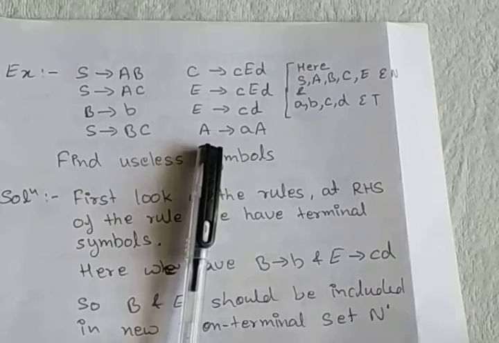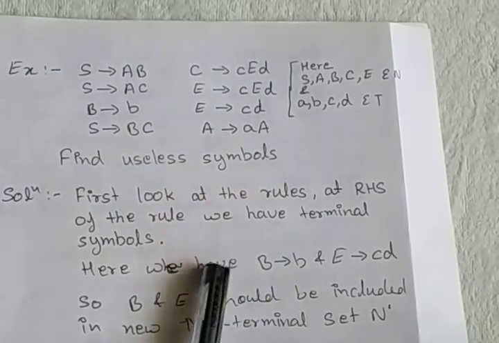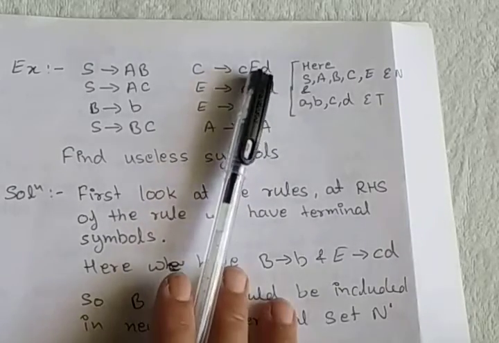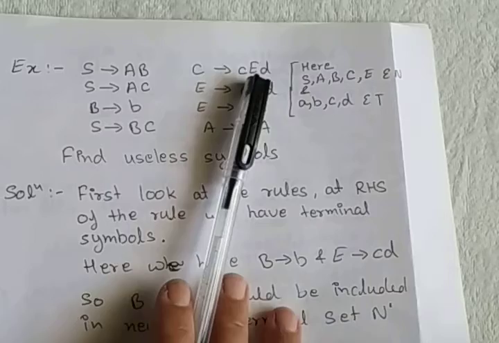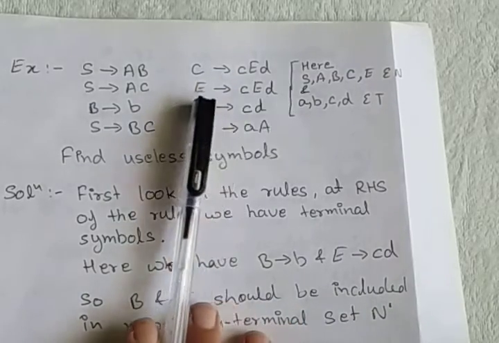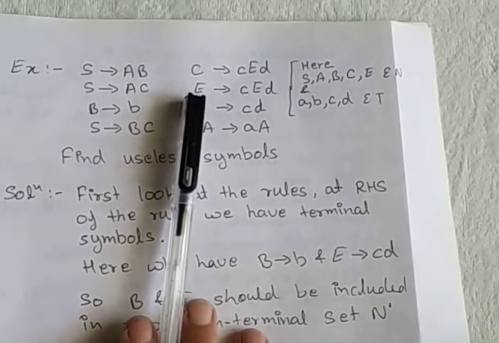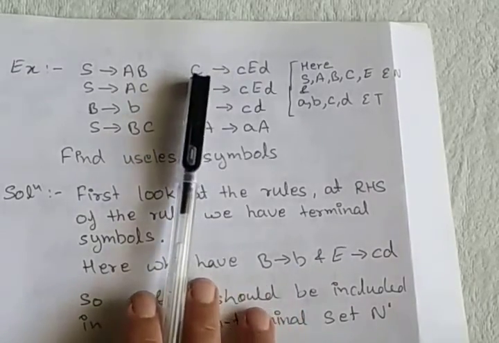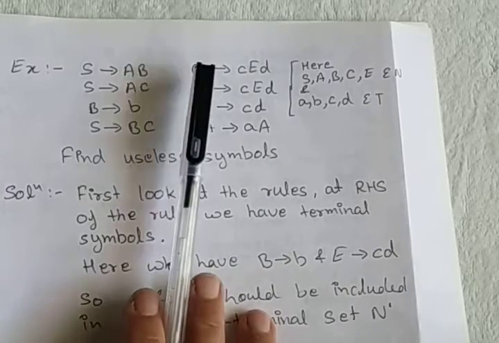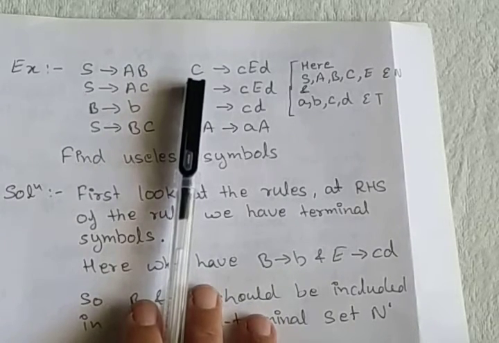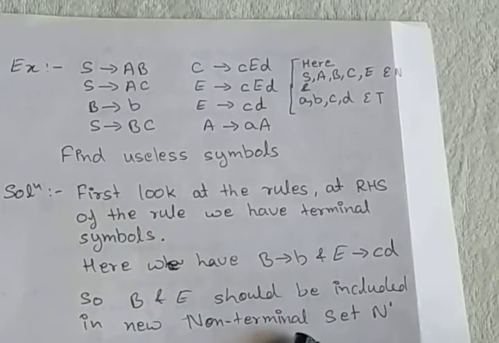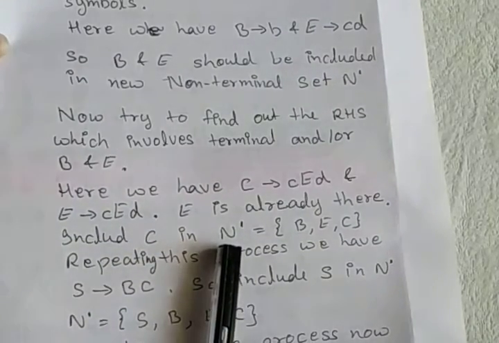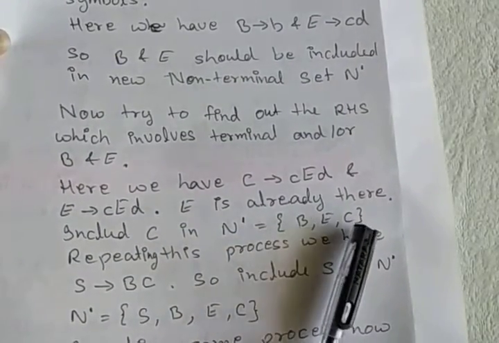Here, suppose we take E. We have two rules where E occurs on the right hand side. Then look at the left hand side, here we have C. Then include C also in the N' set of the new grammar. So now we have N' equal to B, E and C.